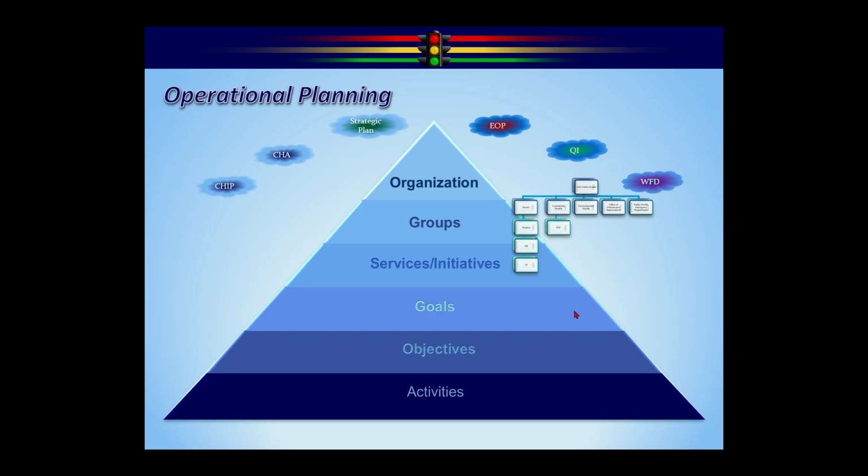I'm going to walk through some of the examples we've seen over time in public health. The reason I want you to understand that is because the model still stays the same. The pyramid model still fits, but the names might change. So somebody could come up to you and say, here's our new community health improvement plan, put it in the system, and you look at the names on the levels and they're different. You'll be able to decipher that after today, I hope.